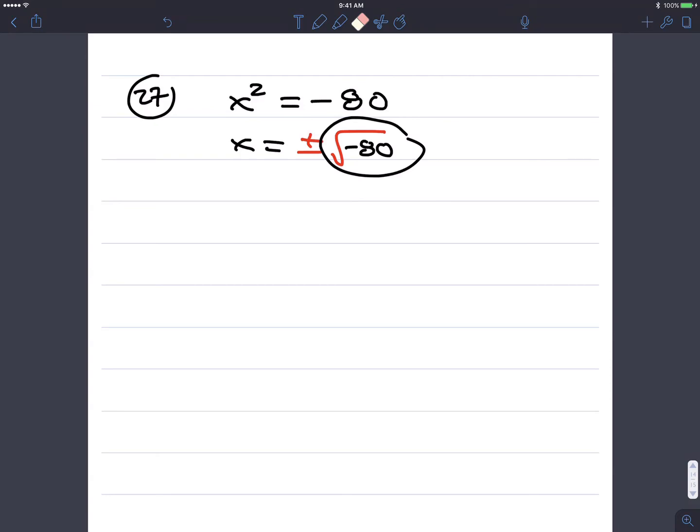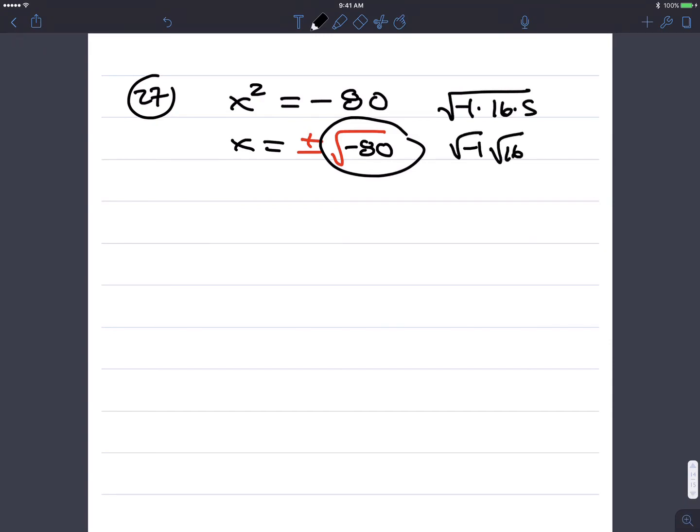Let's try to think about this. The square root of negative 80, if we write it as negative 1 times the largest perfect square that goes into 80. Well, 4, I think it's 16. Yes, 16 times 5. Okay, let's write this better. Negative 1 times 16 times 5.